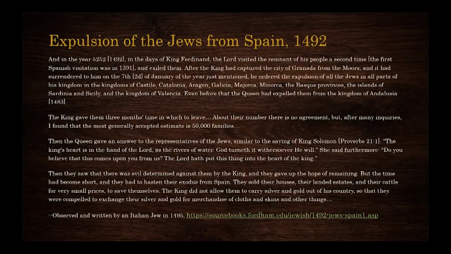So the expulsion of the Jews from Spain. Now this is significant, 1492. You want your students to notice that at the exact same time that Columbus is going on his voyage, something is happening with Ferdinand and Isabella in Spain.